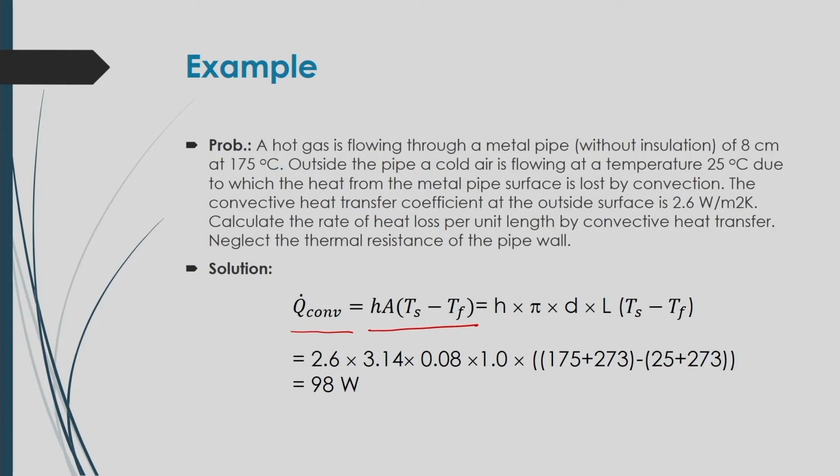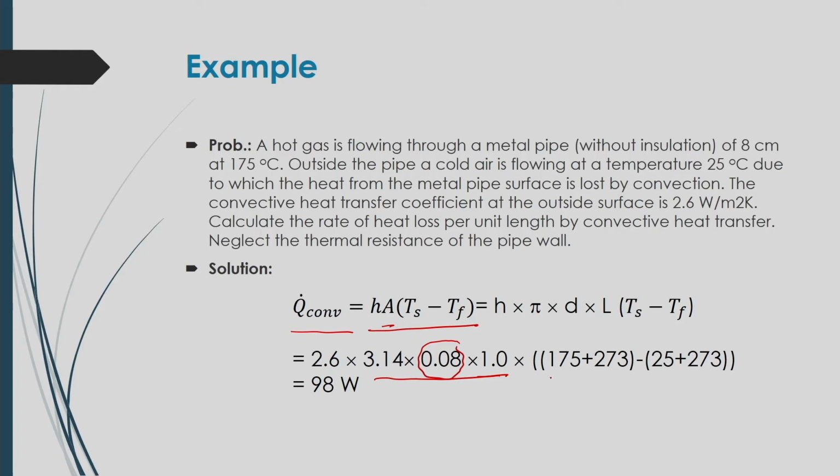Here h is given to you, it is 2.5 here, and A is the surface area through which heat is actually transferring. In this case the surface area of the pipe will be πdL. So, it will be 3.14 into d, which is 0.08 meter, and length is 1 meter, it is given to you.